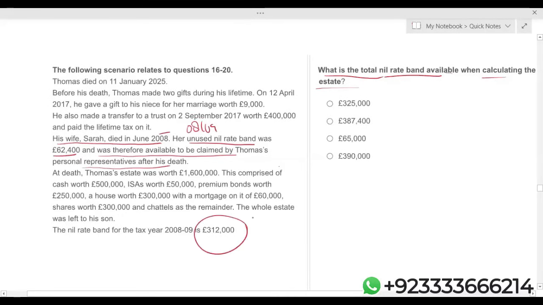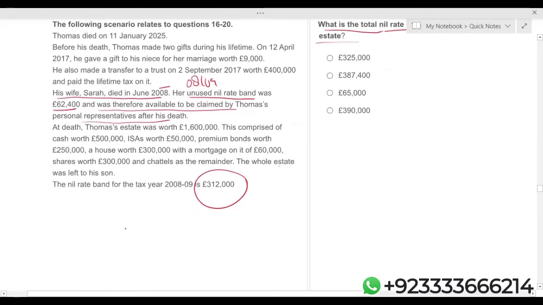At that time, nil rate band was 312,000. 62,400 divided by 312,000. So let's see what is the percentage of unused nil rate band. I'm getting 20%. So Thomas will be getting 20% in addition to the normal nil rate band.